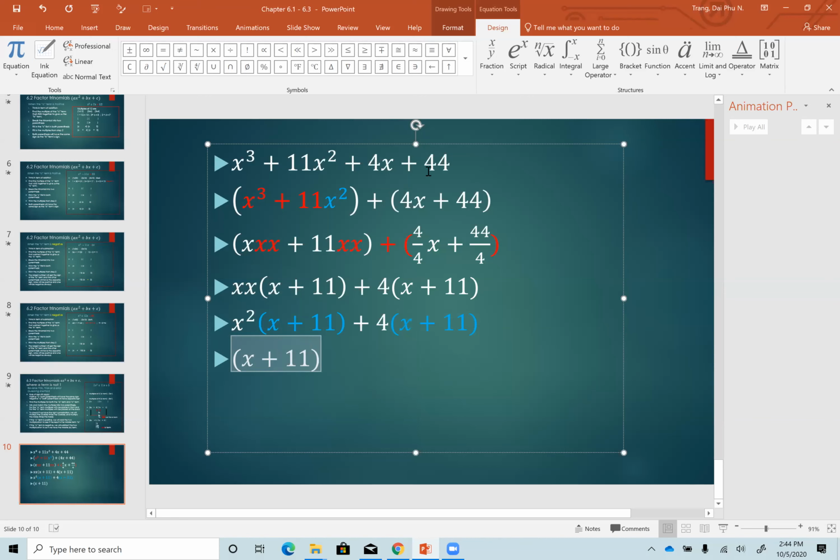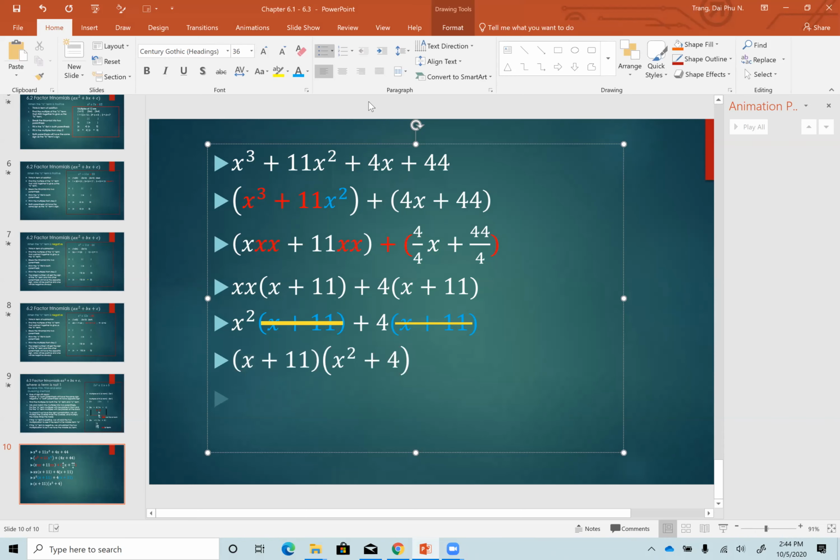In this case, x plus 11 is out. And if I take out x plus 11, what is left over? Whatever my leftover is, I put in another parenthesis, which is x squared plus 4. And that is our answer.